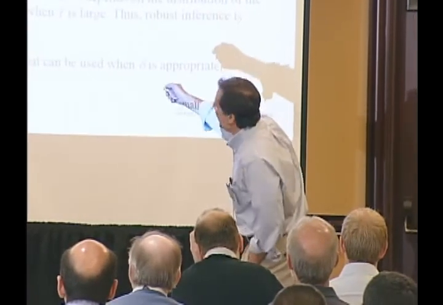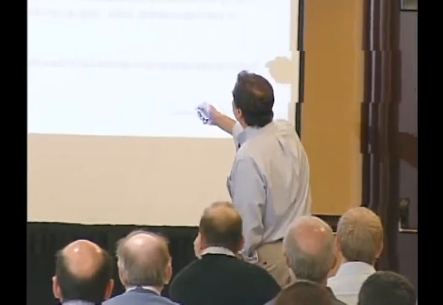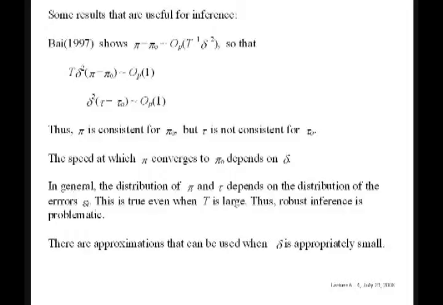So pi hat is the estimated break fraction. Delta is how big the break was. And then what Jushan shows is pi hat, the fraction, converges to pi naught, the true break fraction.